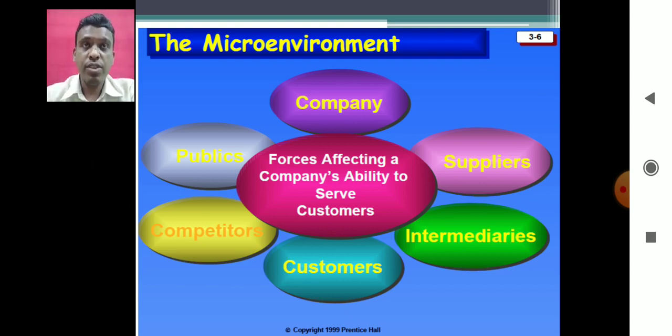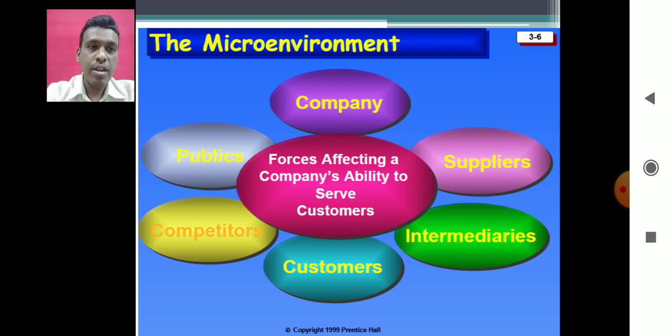Our customers will definitely feel the impact of these changes which suppliers have. So any changes or problems that the suppliers have will directly, or sometimes indirectly, affect our customers.